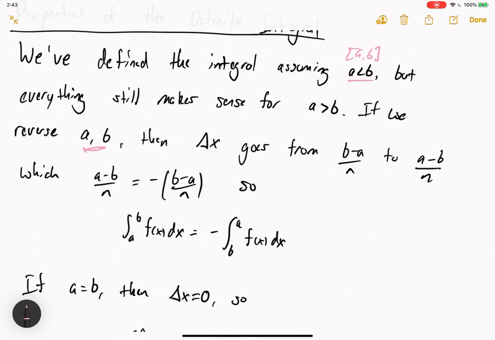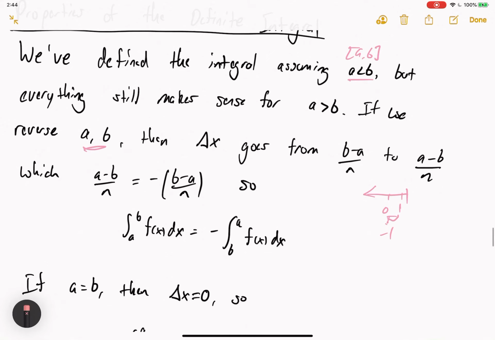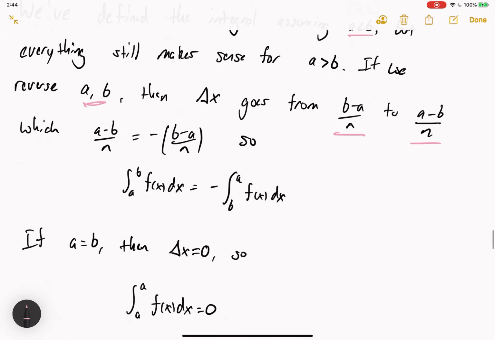But the problem is that if we start from the right to the left, then if this was 1, this would be 0. So in order for us to go from here to there, we'd have to subtract 1. And that's going to be our delta x. So typically our delta x is going to go from (b minus a) divided by n to (a minus b) divided by n. Because again, that's what it means to reverse them.